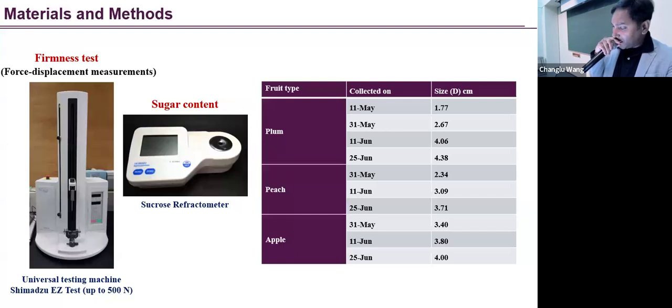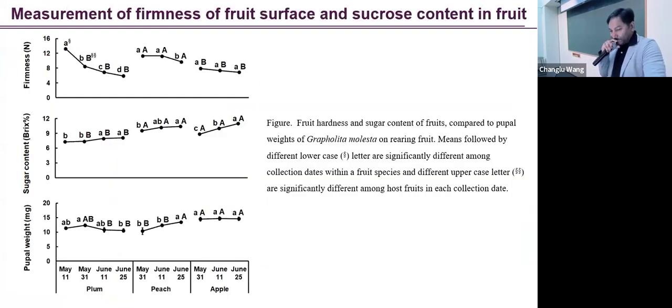So we analyzed using the fruit available at each time. It would be better if we had peach fruit from 11 May, but we couldn't get that. So here you can see some interesting results.